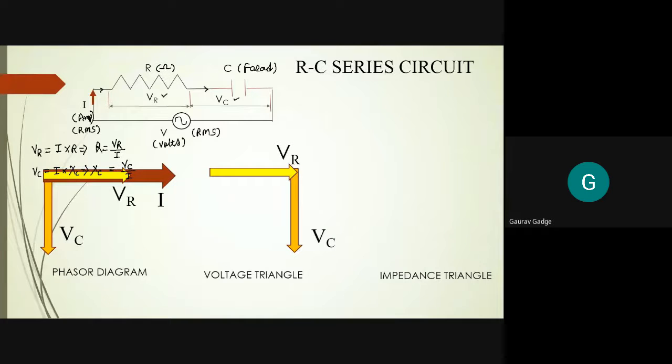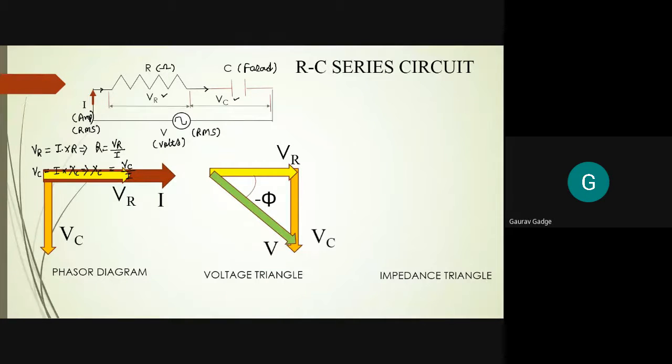Now I have to make the voltage triangle. So I have VR on the x-axis, VC on the minus y-axis, and therefore the resultant, that is the hypotenuse, must be on this side. Now what is that angle? Minus phi.